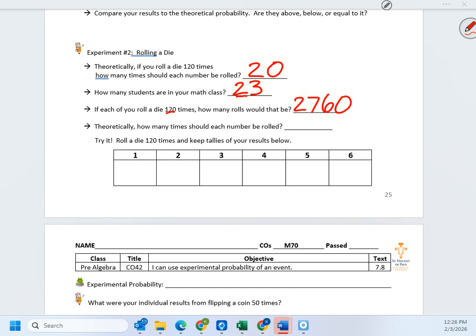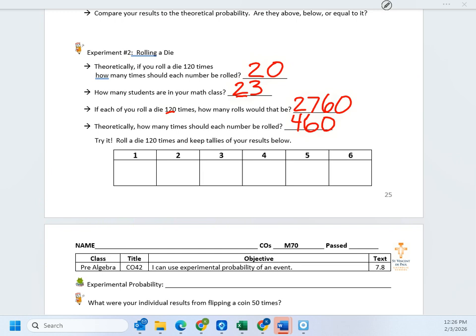Theoretically, how many times should each number be rolled? AJ? 460 times. How did you get that, AJ? 2,760 divided by 6. I'm writing down these numbers for me because every year I have a different number of kids in class on this day, so my numbers change in my book.